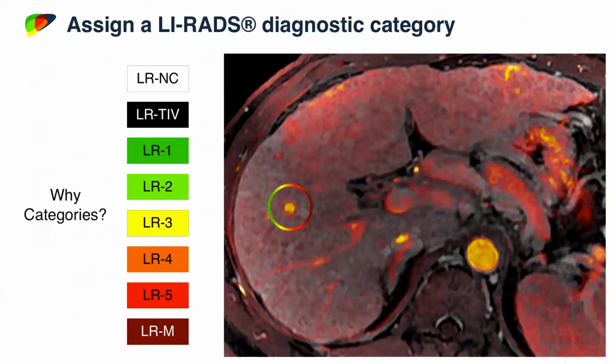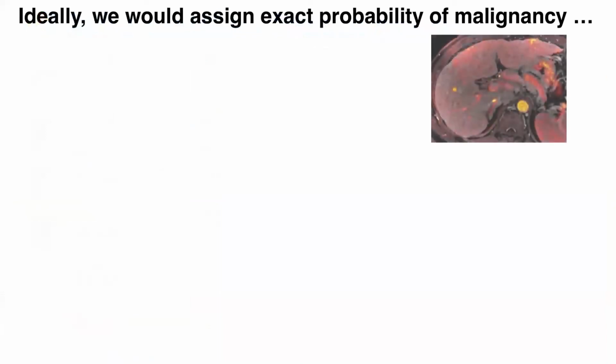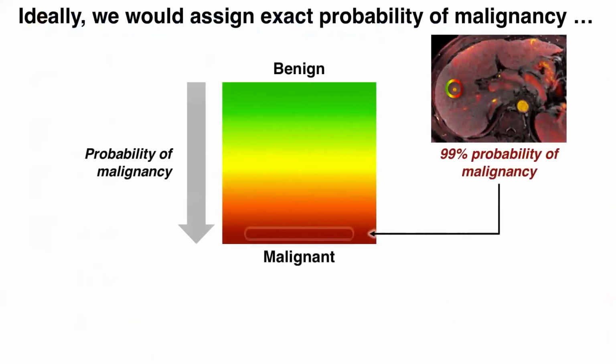Now, one question you might ask is, why do we assign categories? Because in an ideal world, we would not assign categories, we would assign an exact probability of malignancy. So if we had this observation over here, we would be able to put it onto this continuous spectrum of a probability map and say that this lesion has a 99% probability of being malignant.